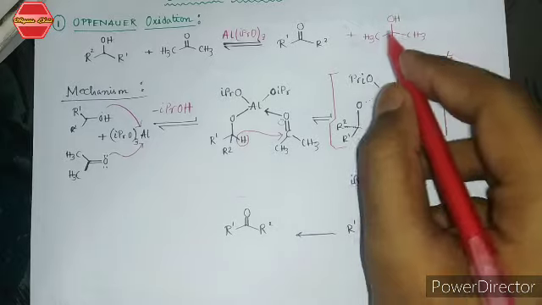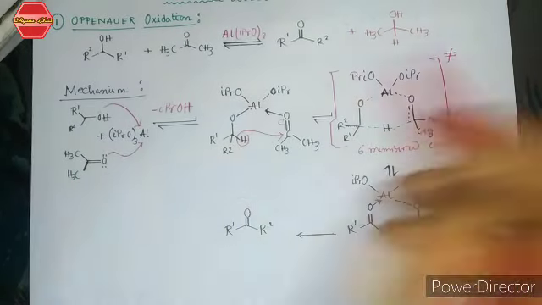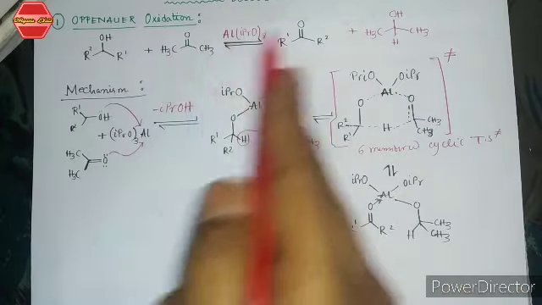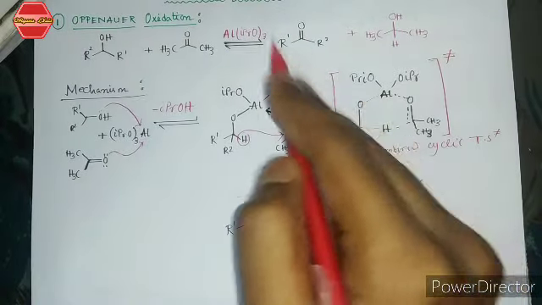The side product is formed from the acetone: the acetone is reduced to its alcohol, and the alcohol is oxidized to its ketone.